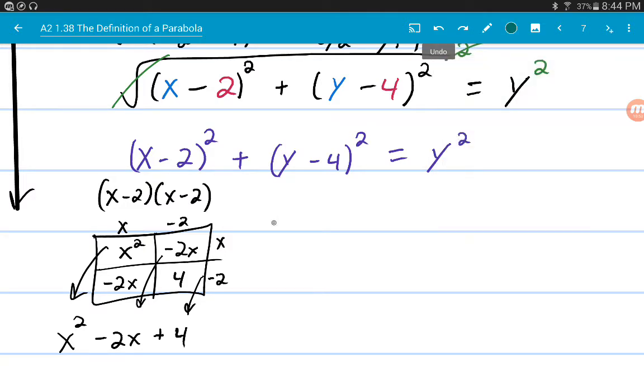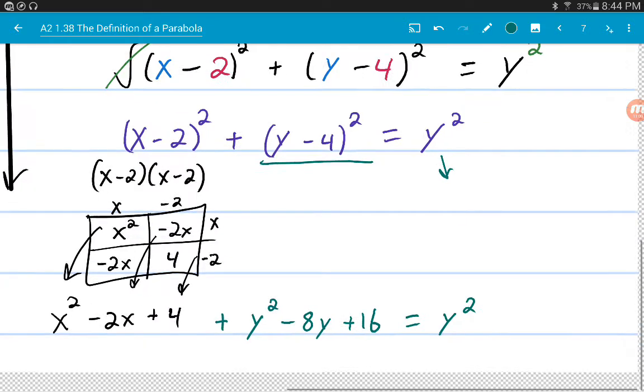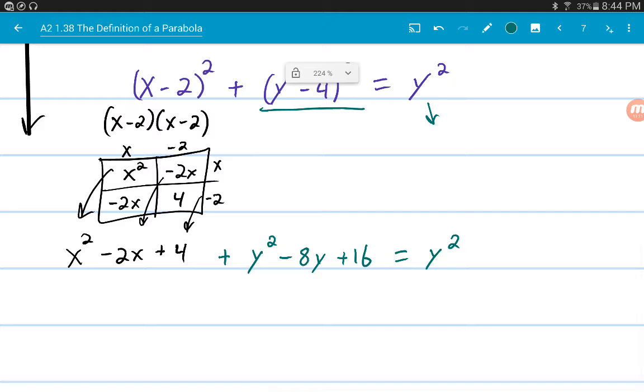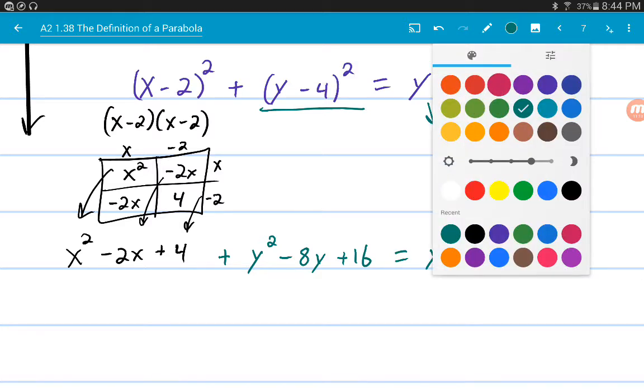This guy in the middle, I already know what it's going to be equal to, so I'm just going to bring it down. Y squared minus 8y plus 16. And now we can bring down the other term, equal y squared. So it expands, it gets big, it gets messy, but it gets simple again in a second.